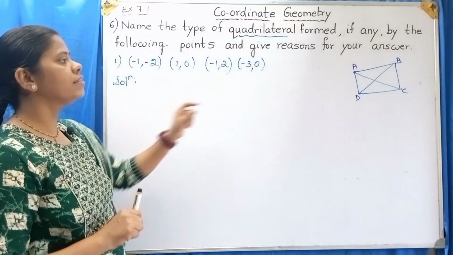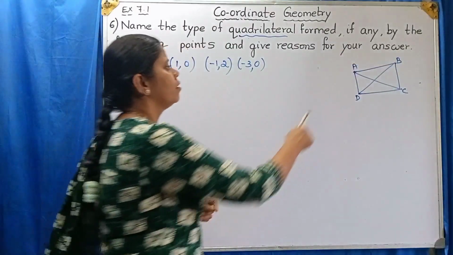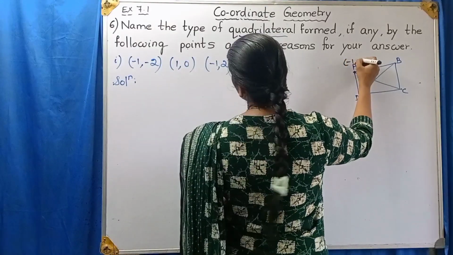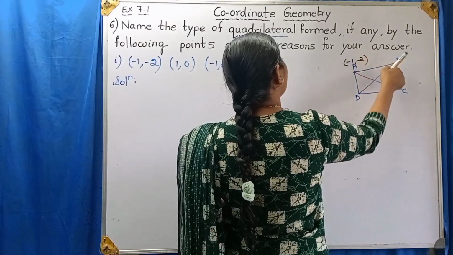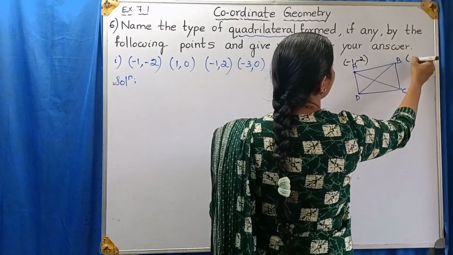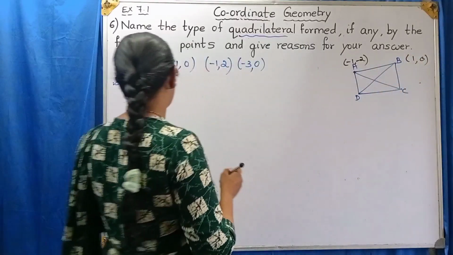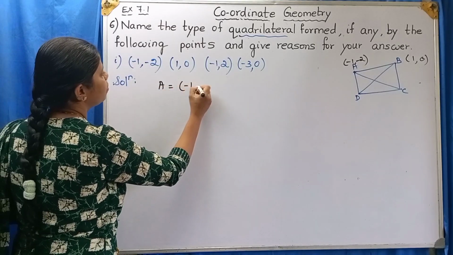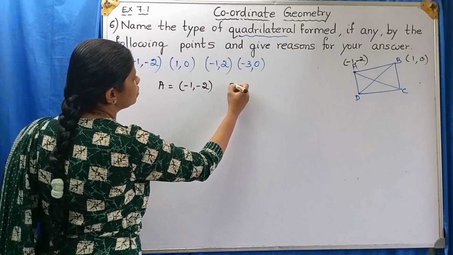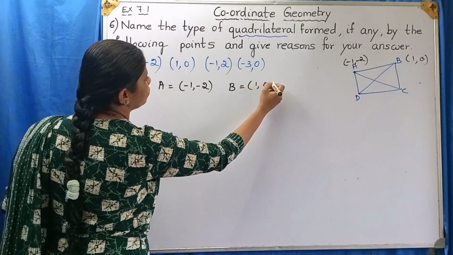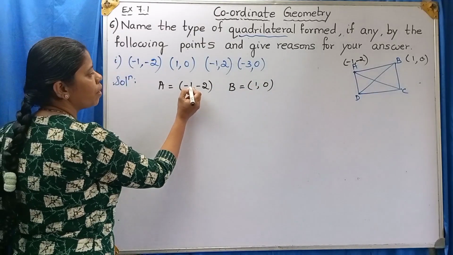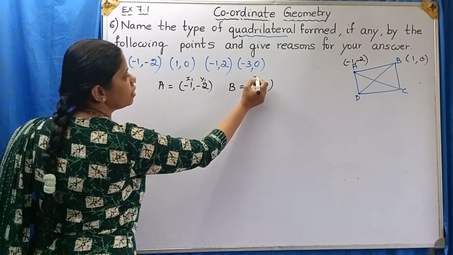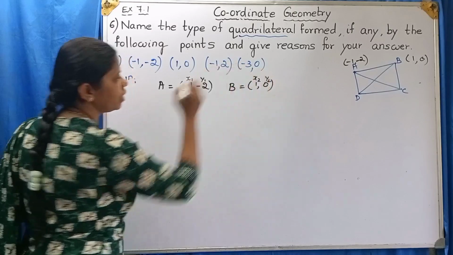First, let us find out the distance between AB. Let me take the vertex A as -1, -2 and B as 1, 0. Then -1 is our x1, this is our y1, this is our x2 and this is our y2, right?